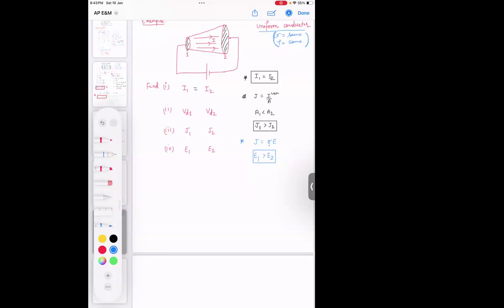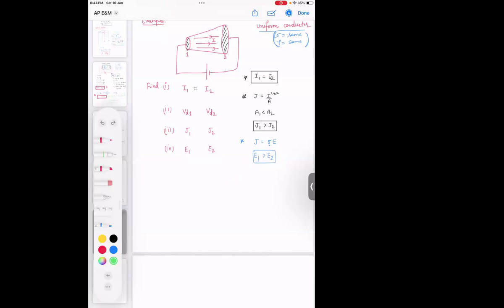Now let's focus on the drift velocity. What is drift velocity? Can we say here current equals NEA into VD, can we use it?